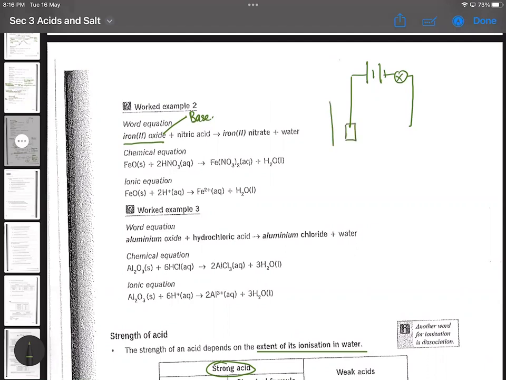We have some conducting plates. And we have a solution here. Okay, let's call this solution A.